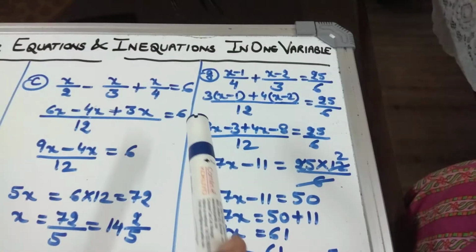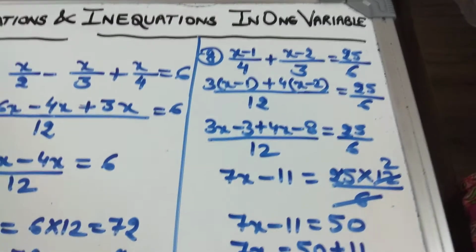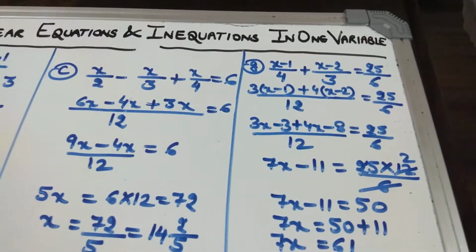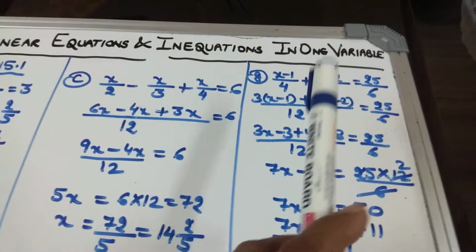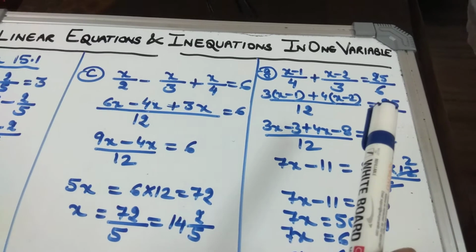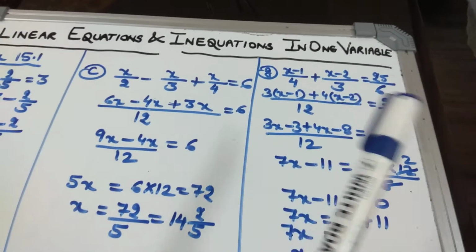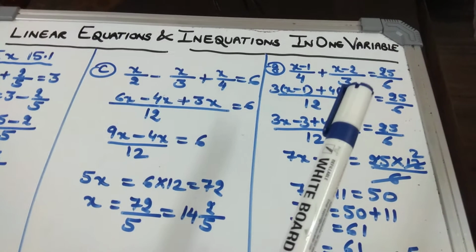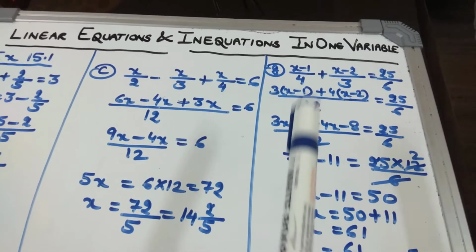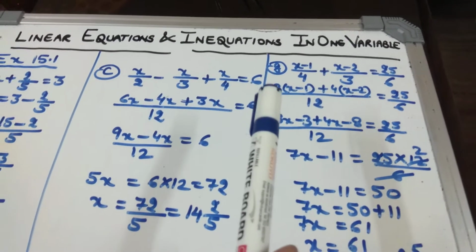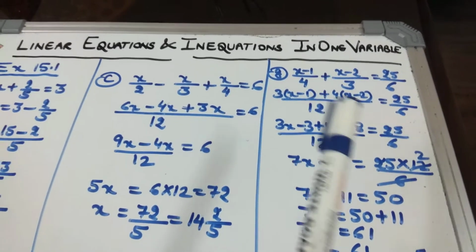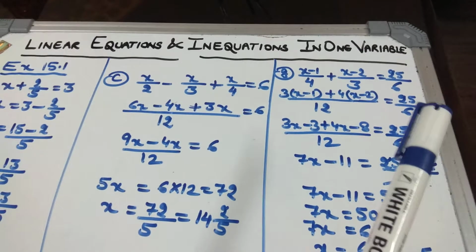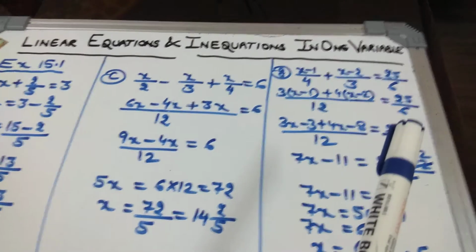Now in G part you can see x minus 1 upon 4 plus x minus 2 upon 3 equals 25 upon 6. Now take LCM, you get 12. If you get 12, you divide 12 by 4, you get 3. 3 into x minus 1 plus 4 into x minus 2 equals 25 upon 6.